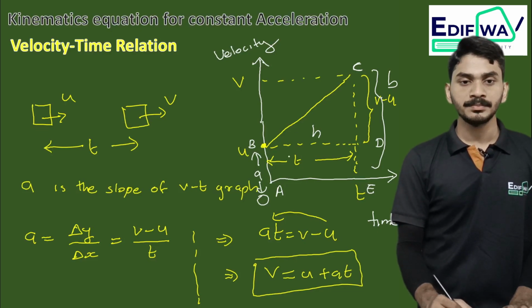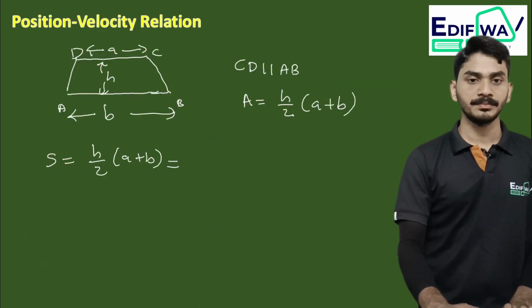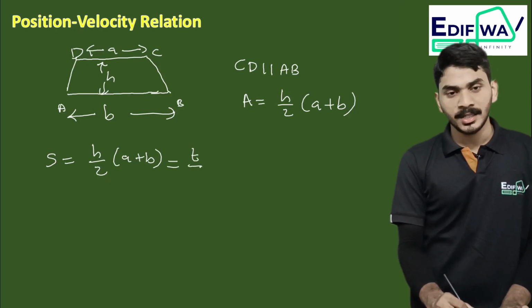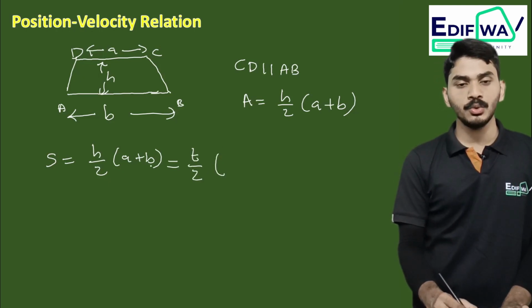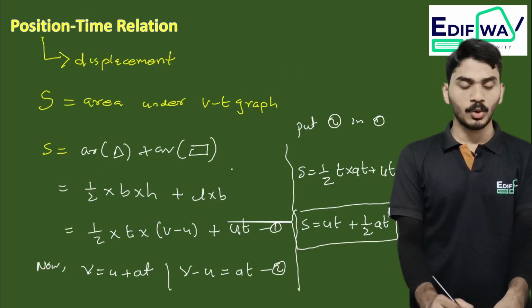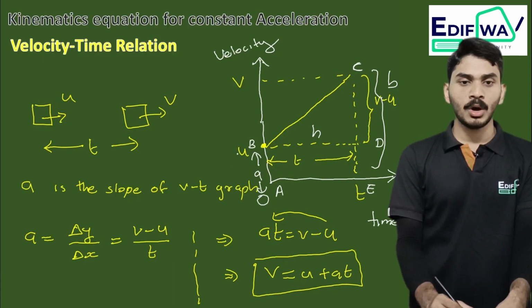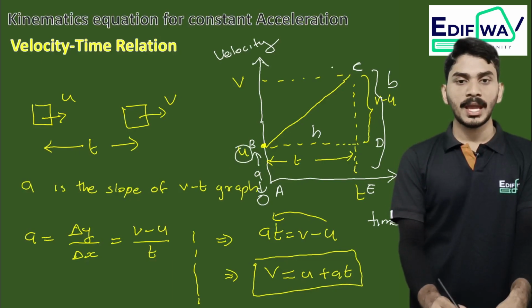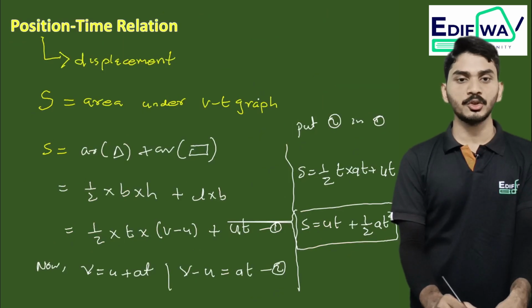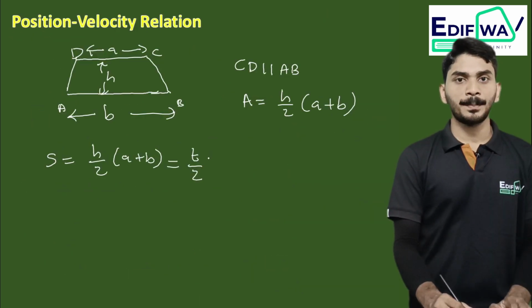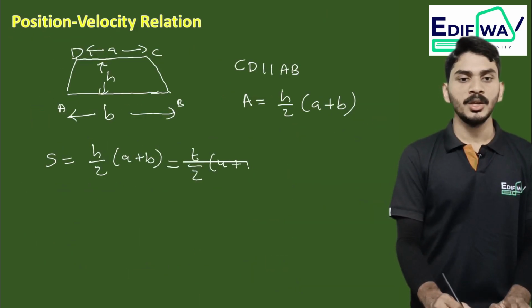So your height is T. So that is T by 2 into A plus B. So what was A? A was U and B is V. So A plus B is U plus V, right?